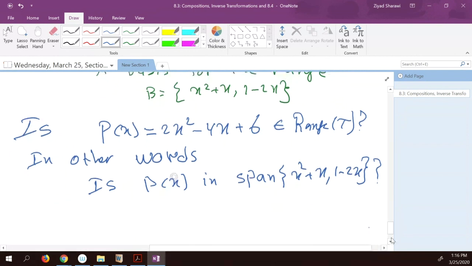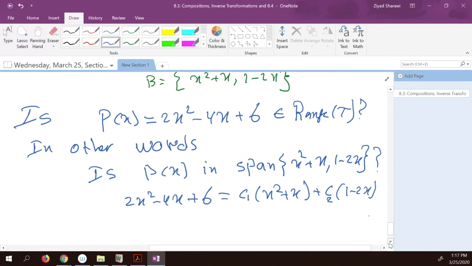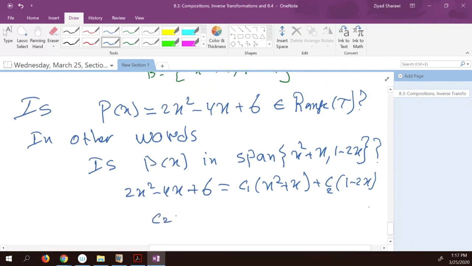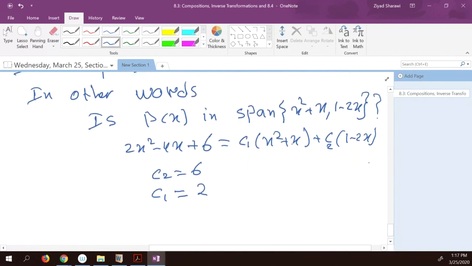Well, Iyad answered the question already. Iyad said the following. He said, well, if this is the case, this means 2x squared minus 4x plus 6 has to be C1 times (x squared plus x) plus C2 times (1 minus 2x). And if you have this, this means C2 has to be 6 and C1 has to be 2, and you have C1 minus 2C2 has to be negative 4.